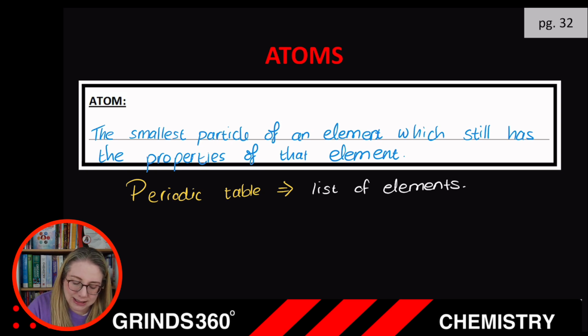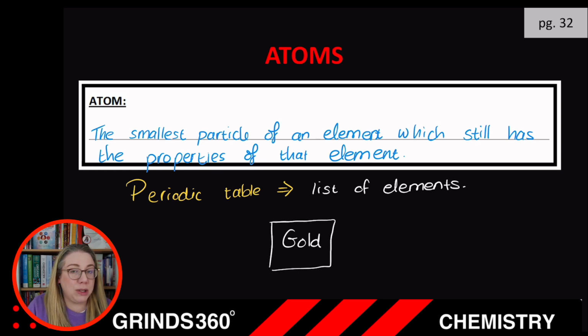Now, if I had, say for example, a block of gold and it's pure gold, that block of gold is made up of atoms, and the only thing that would be in there if it's pure gold would be just the atoms of gold itself.